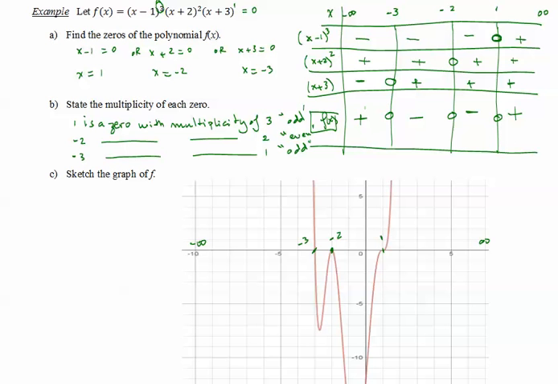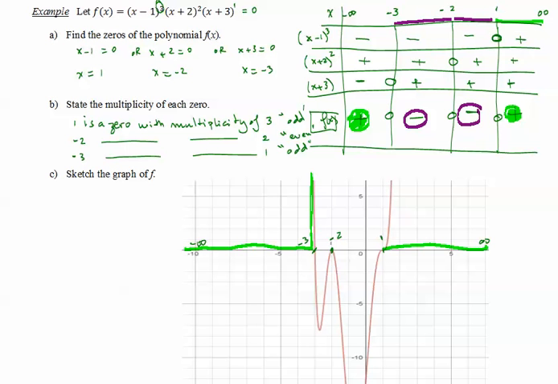So this function, as you see, is on the positive side right here. It is positive when x is between negative infinity and negative 3, and it's also on the positive side from 1 to infinity. It is negative between negative 3 and negative 2, and also between negative 2 and 1.